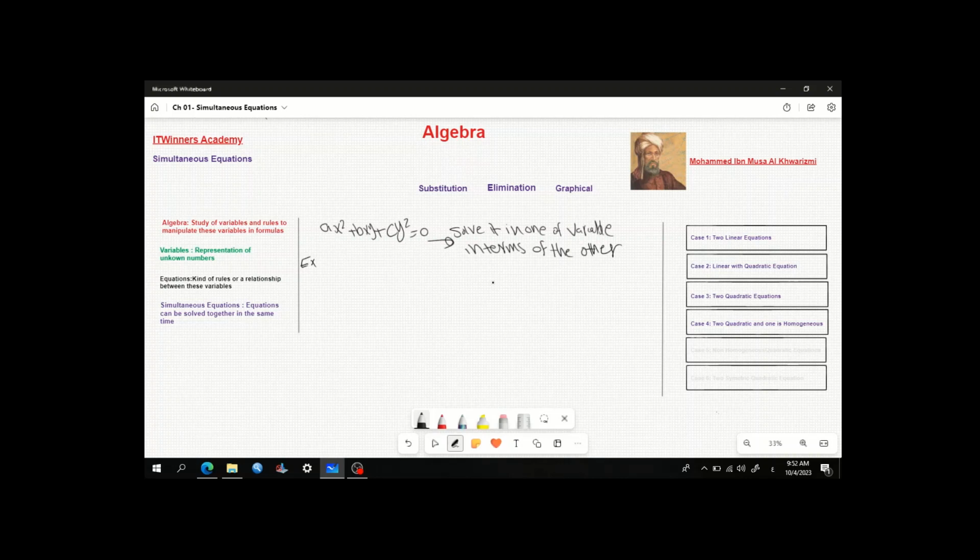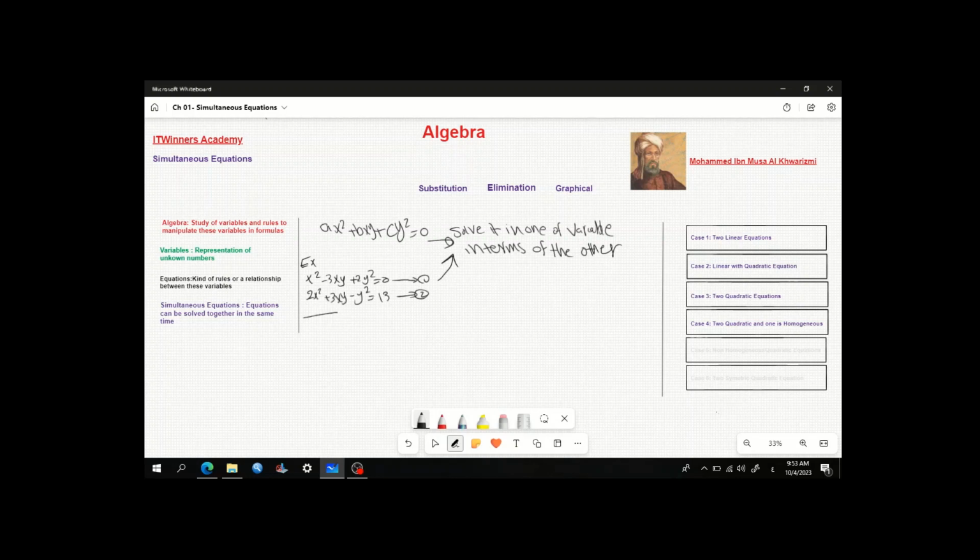If I have x squared minus 3xy plus 2y squared equal to 0 and 2x squared plus 3xy minus y squared equal to 30. So which one of these is the homogeneous equation? Yes, the first is the homogeneous equation.